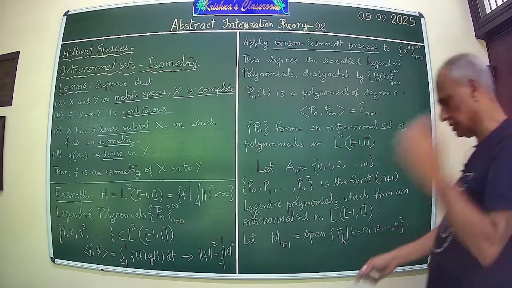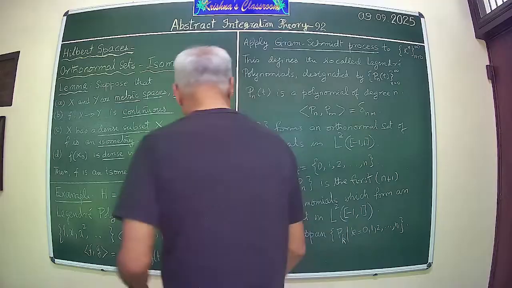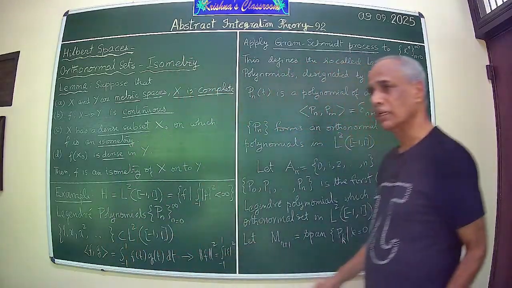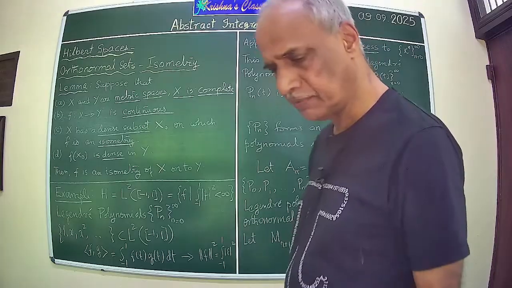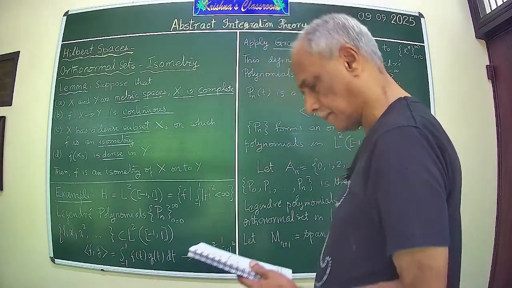What do we mean by this? They are just finite linear combinations with coefficients picked from R, because R is the associated field that we are considering.